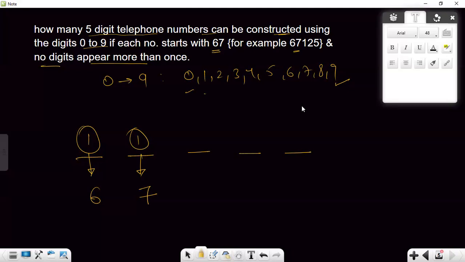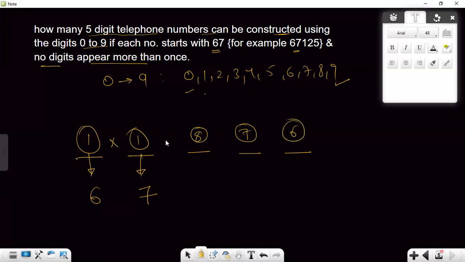Two choices have been utilized, so 8 choices are left. Having used 3 choices out of 10, 7 are left. Having used 4, 6 are left.